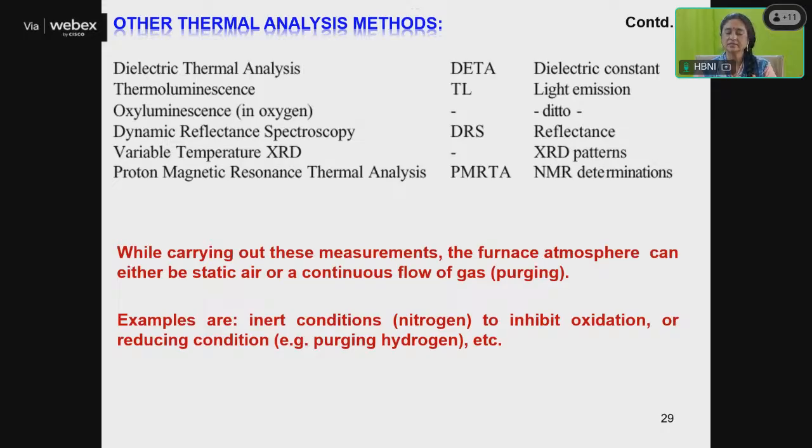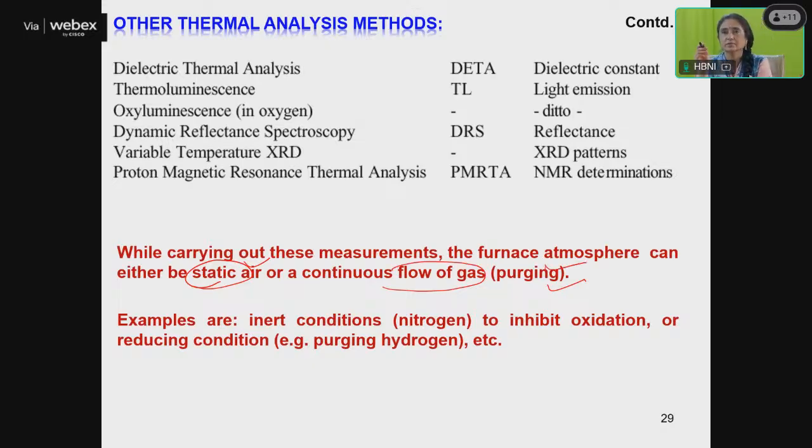While carrying out this measurement, the furnace atmosphere can be static air or a continuous flow of gas, like purging. Whenever you are doing thermal analysis, a furnace is involved. It is a very small furnace with a milligram quantity of your sample, and these experiments can be done in three modes. In one case, it is a static mode, either air or a continuous flow of gas.